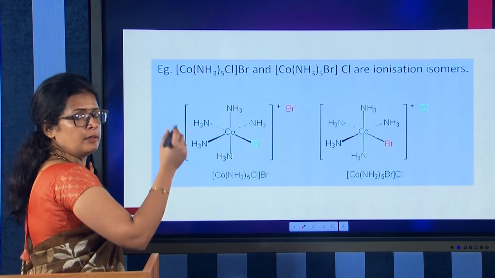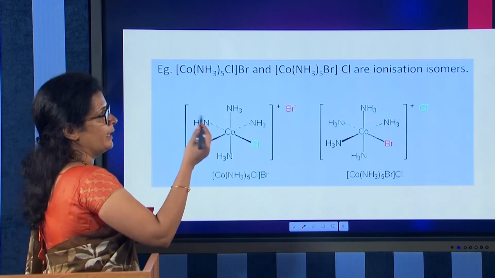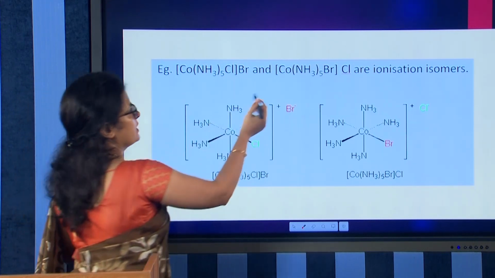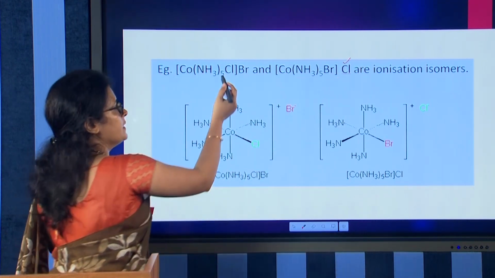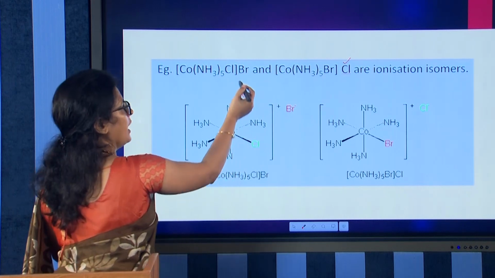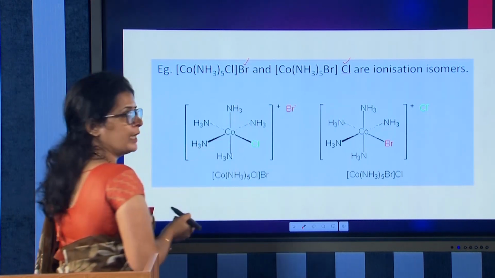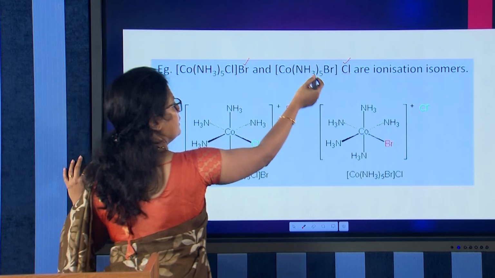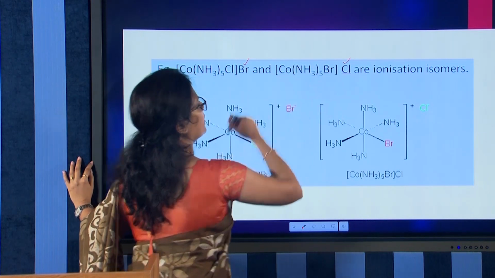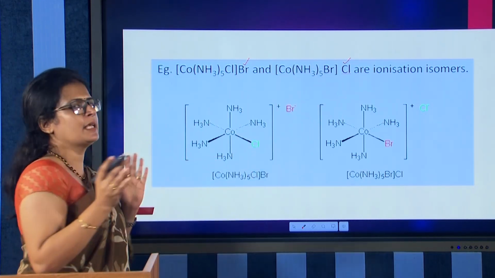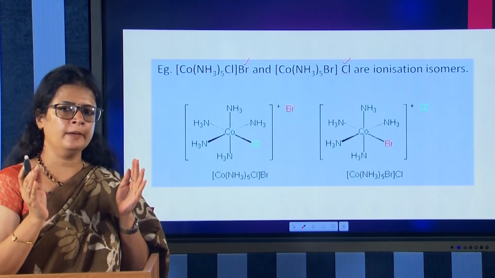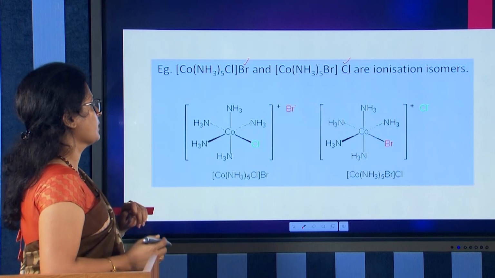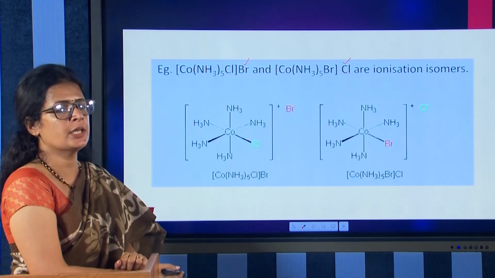In the other isomer, the Cl is outside the coordination sphere. So, the Cl is being exchanged, and here Br was outside the coordination sphere, while in the next isomer it is inside the coordination sphere. So, there is an exchange of ligands between the coordination sphere and the counter ion part. So, both these are ionization isomers.